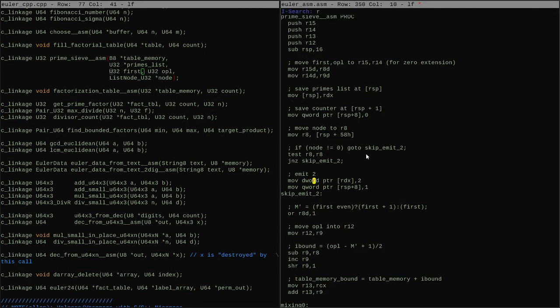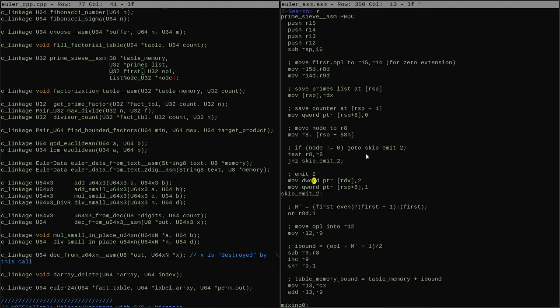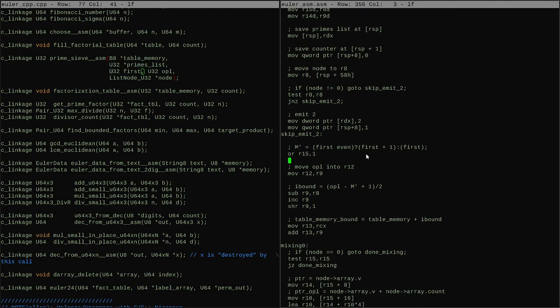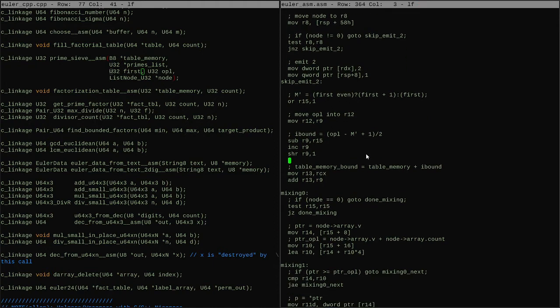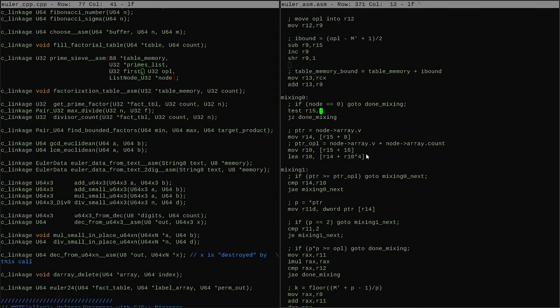And anywhere where I'm seeing R8, I have to also make sure to switch to R15. So R8 becomes R15. Now it's 64 bits, so we can just do that. R8 is 15. R15 is 8.